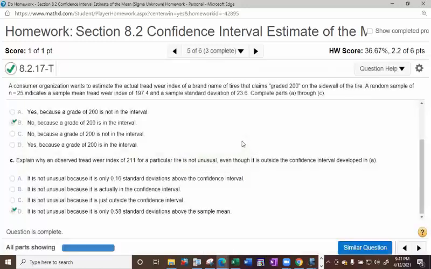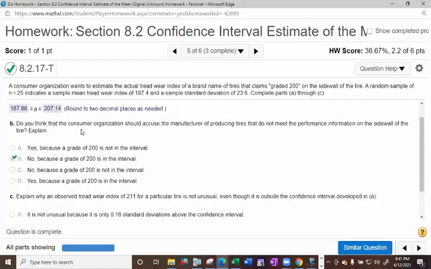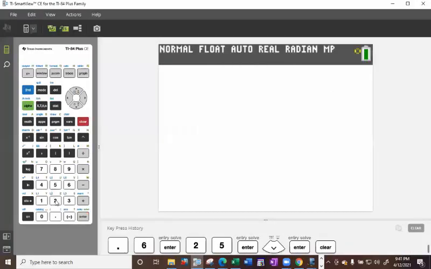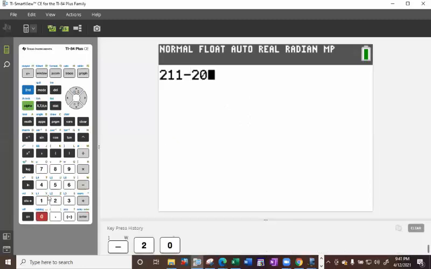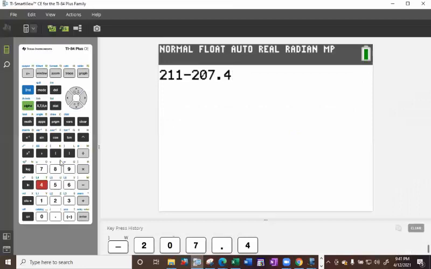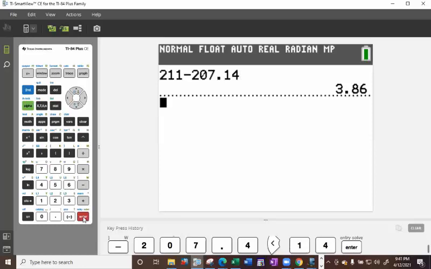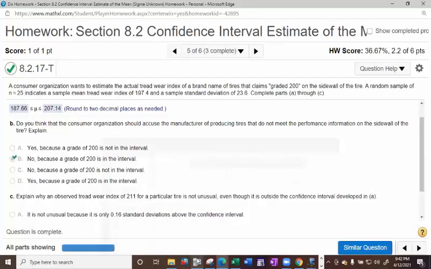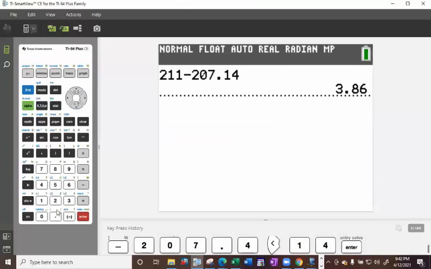So 211 minus 207.14, divided by 23.6, but I bet you it's divided by the square root of n.